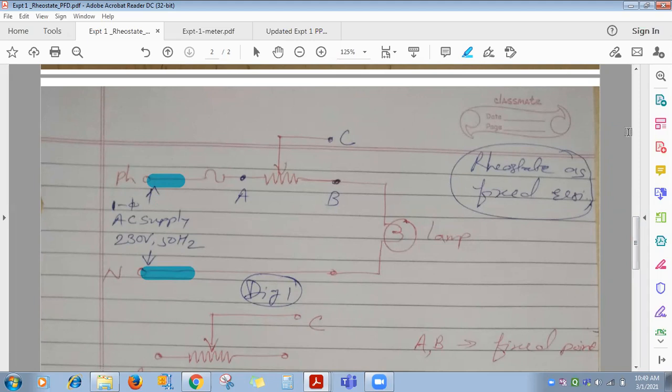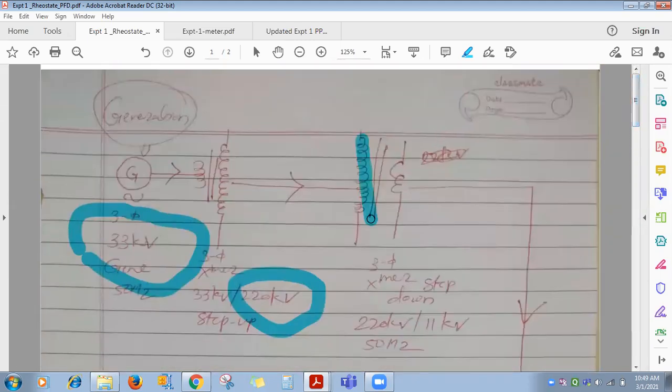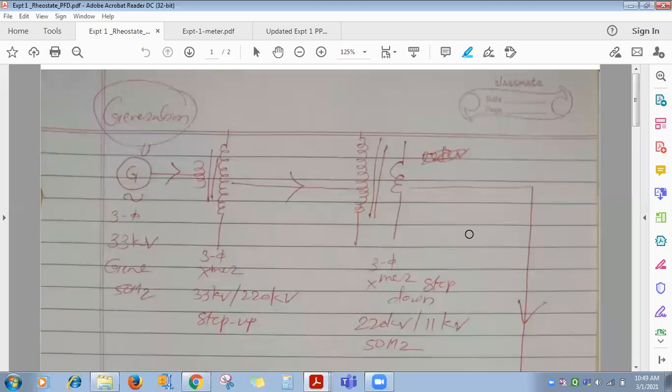In a transformer, I told you here the primary winding is there, and the secondary winding is there. They have many turns and they are insulated with insulating material. If accidentally the insulation of any wire gets damaged and they are carrying current, what will occur? Short circuit will be there.